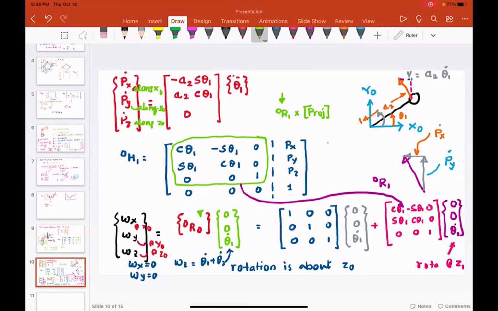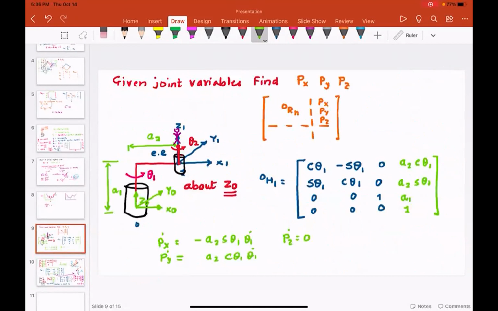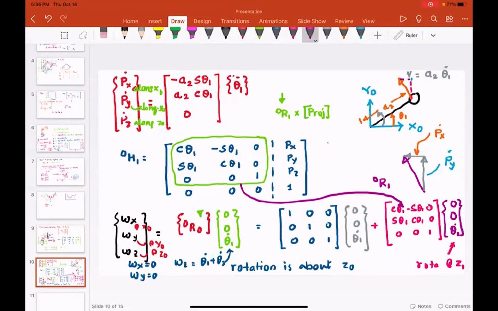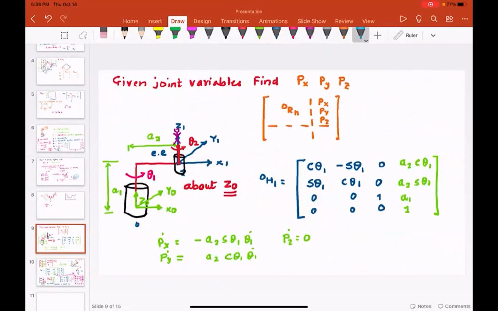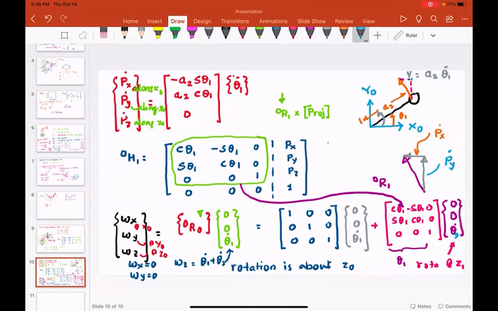There is no rotation matrix related to theta 2, so this has to be theta 1. Oh, you are asking about this. This is the rotation of this guy, which means the time derivative of theta 2. So if I write this down correctly, this is theta 2 dot. This is theta 1 dot. This is the rotation about z0. This is the rotation about z1. Okay, good.